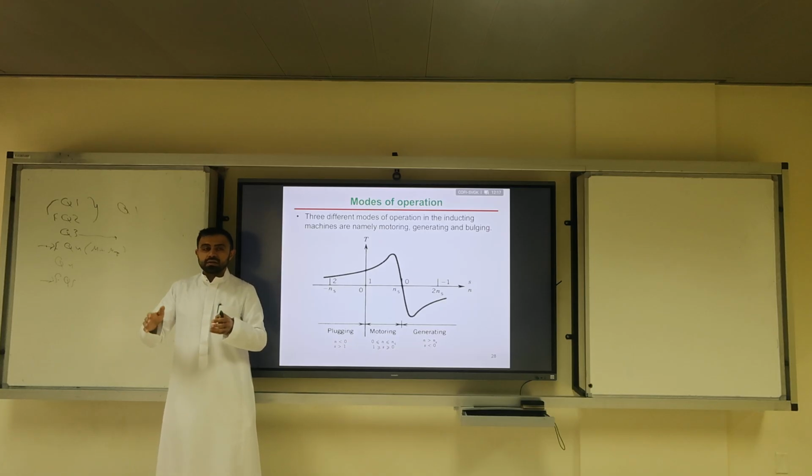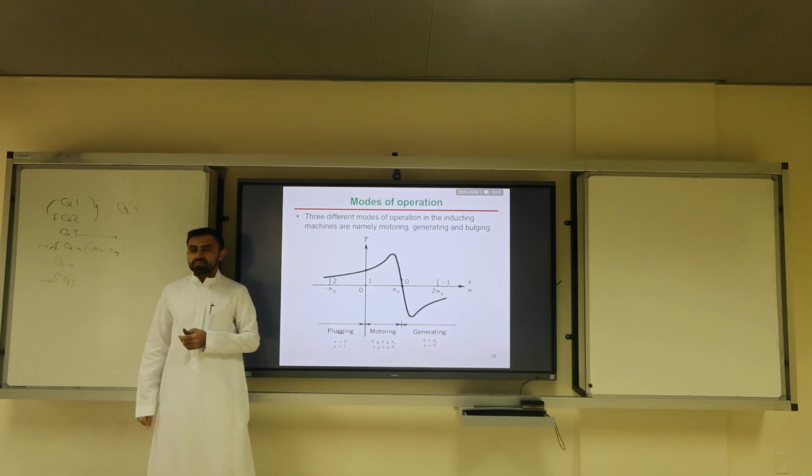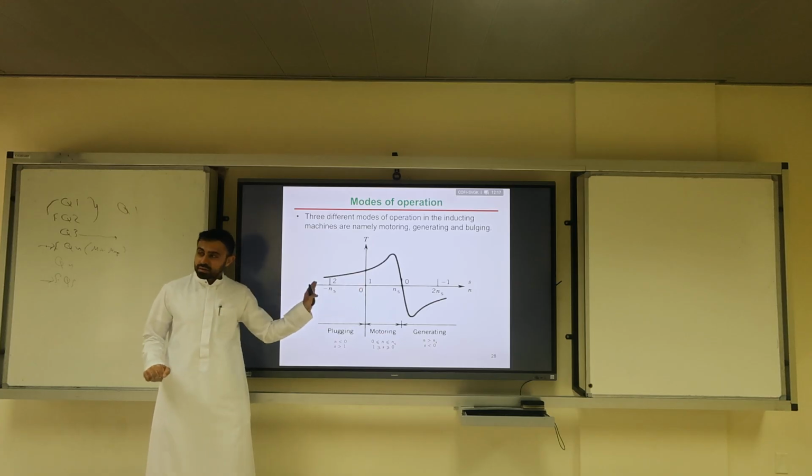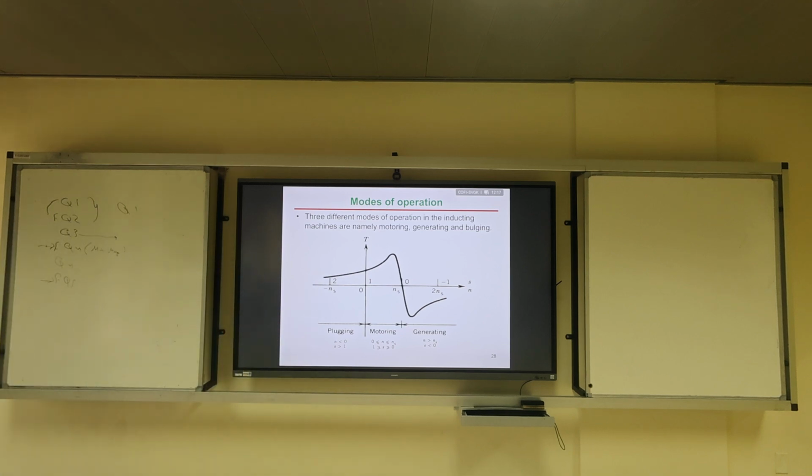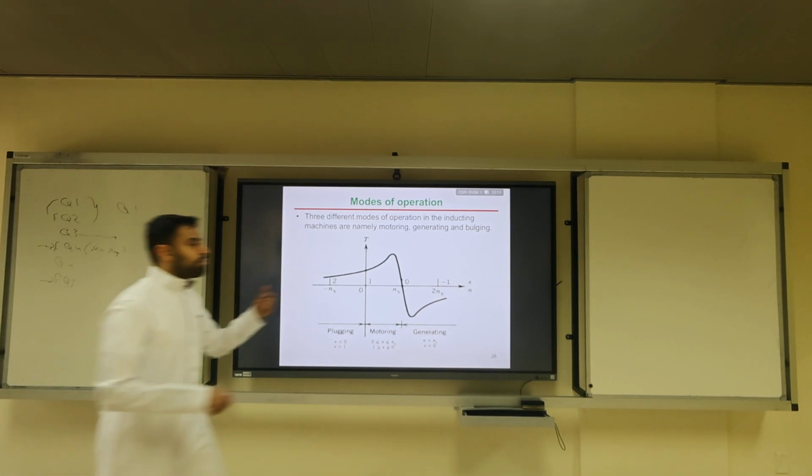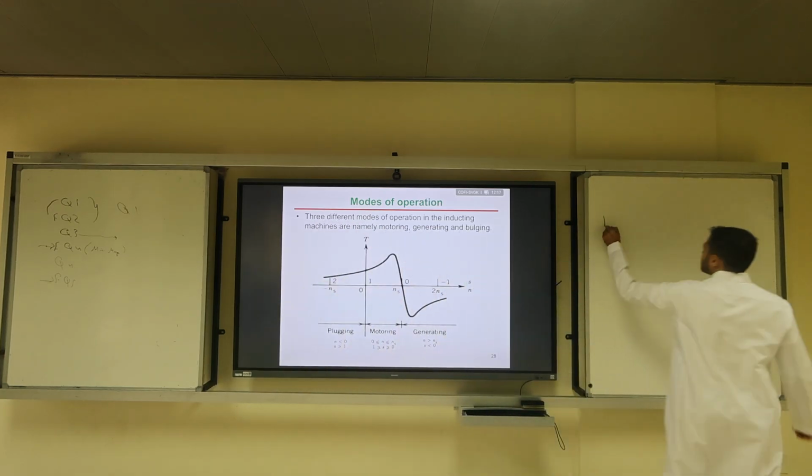This is very similar to driving a car and putting it in R. If you drive a manual car or an automatic car and you suddenly put it in R, what will happen? You'll get an error. So this is very similar, like reverse mode. What is happening is what we call phase sequence changing.